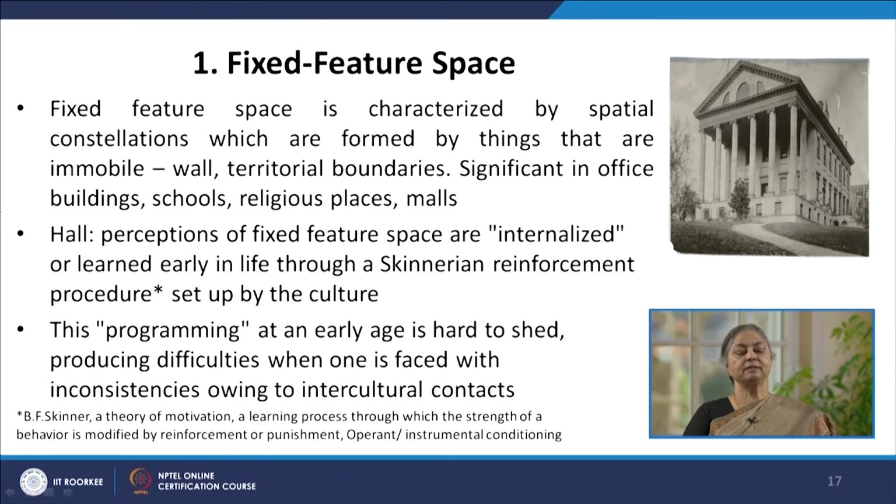The fixed feature space is characterized by those constants which are given to us, those immobile aspects which we normally cannot change, for example, walls, the territorial boundaries, etc. And the fixed feature space is significant in the way we construct office buildings or schools or shopping malls, religious places, places of public entertainment, etc.